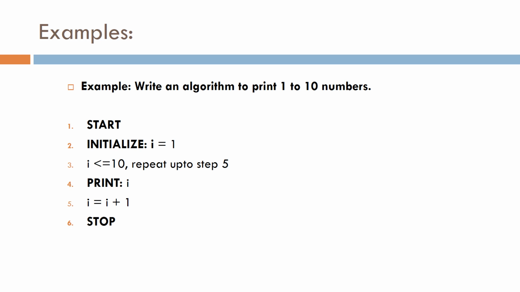So see the algorithm. In the first step we write start, and in the second step, initialize I equals 1. So we are taking the variable I as a looping variable and we initialize it with 1. In the second step we are not taking any value from the user, so we are not using read or input.